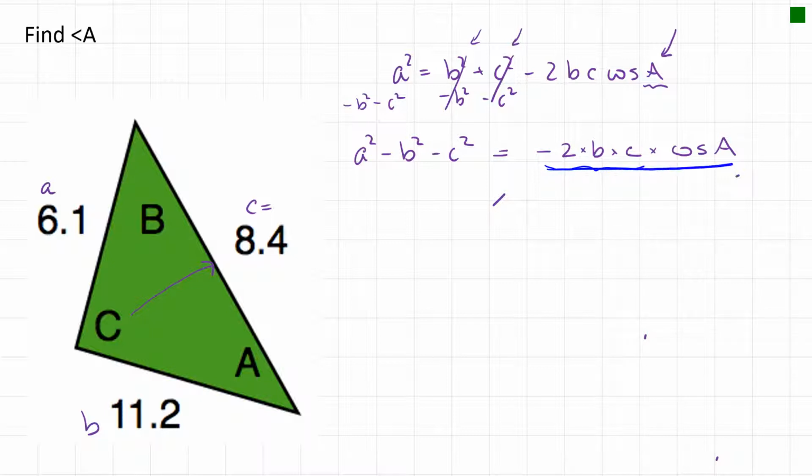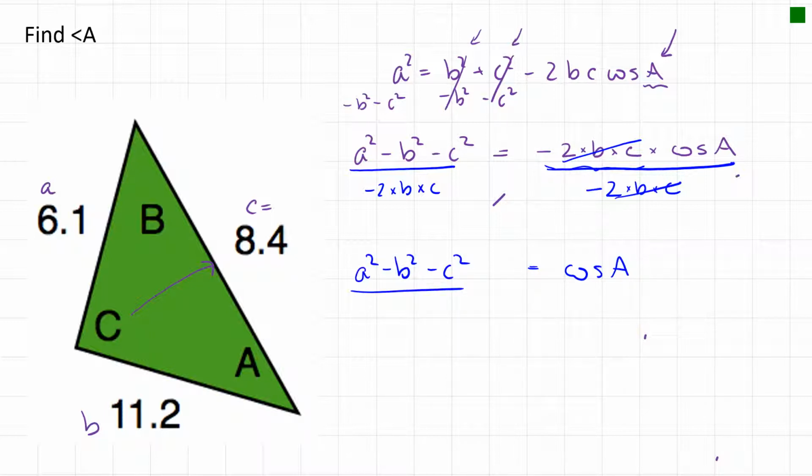So to get rid of them, I'm going to divide by negative 2 times b times c. So they cancel, but what I do to one side, I have to do to the other. So now I have the cosine of A equals (a squared minus b squared minus c squared) divided by negative 2bc.